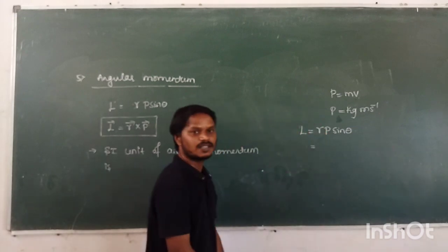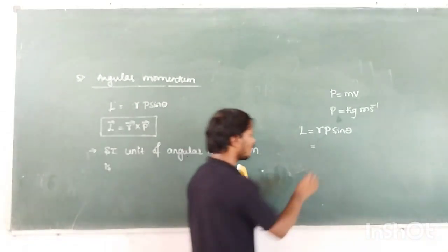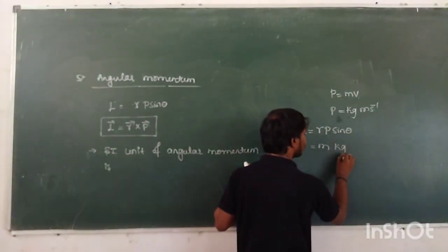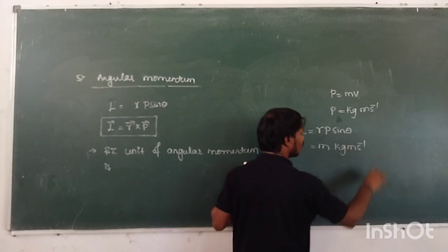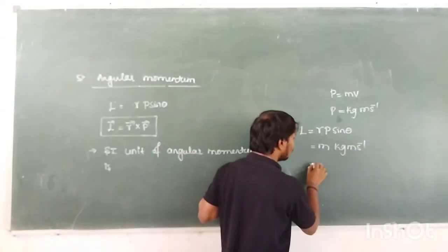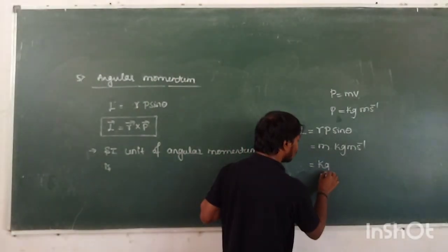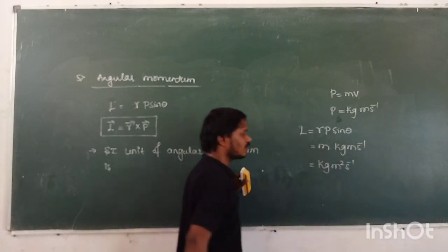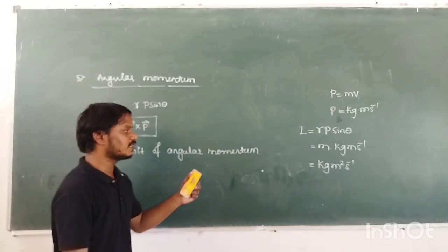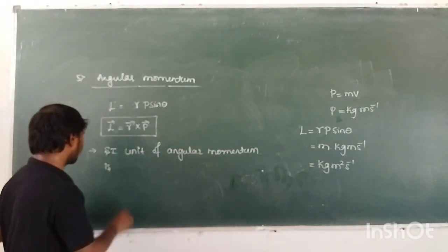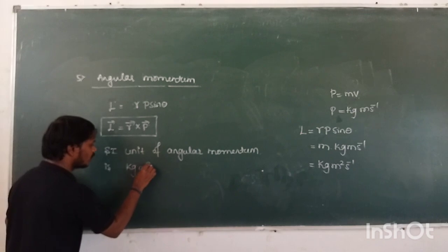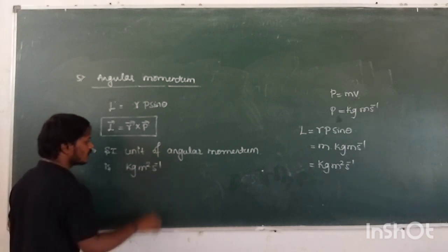The SI unit of position vector is meter, and the SI unit of momentum is kg meter per second. Hence, the SI unit of angular momentum is kg meter square per second. Meter into meter is meter square. What is the SI unit of angular momentum? Kg meter square per second.